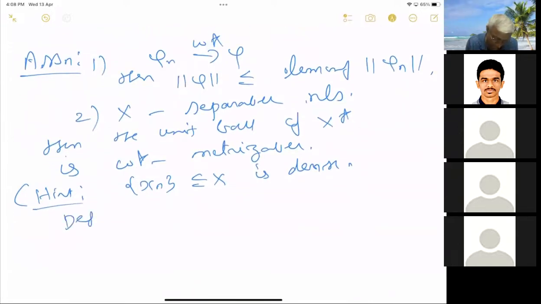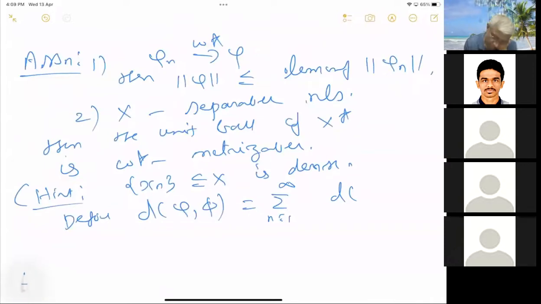Then you define d(phi, psi) to be the summation from n equal to 1 to infinity of the modulus of (phi minus psi) of x_n.